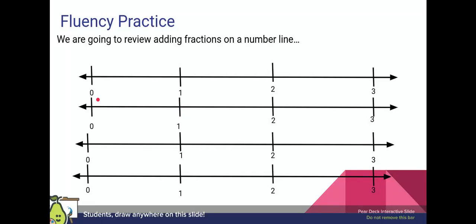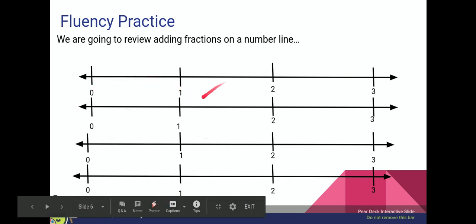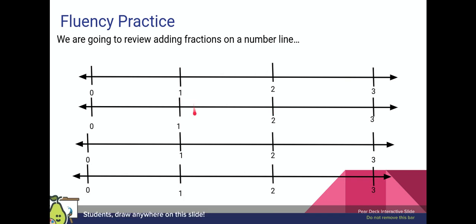Go ahead and mark where you would divide each section into fifths. So you would basically have 1 whole, 2 wholes, and 3 wholes here, all evenly divided into fifths. Please go ahead and do that now.